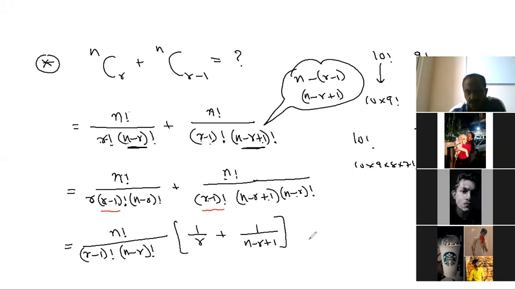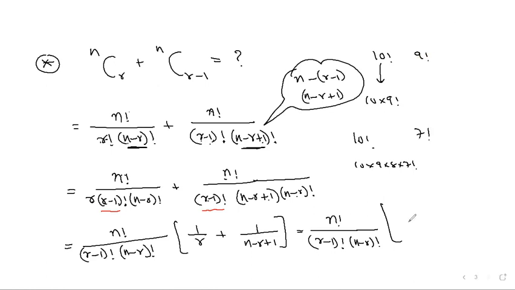Okay, now what will I do? n factorial, r minus 1 factorial, n minus r factorial common. Take the LCM of the rest. What is the LCM? r into n minus r plus 1. Then n minus r plus 1 plus r. r and r cancel.